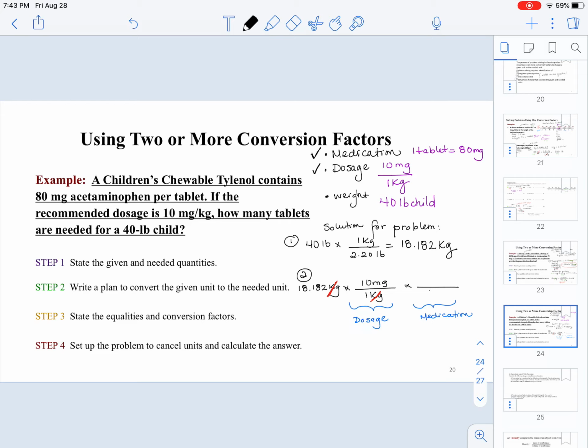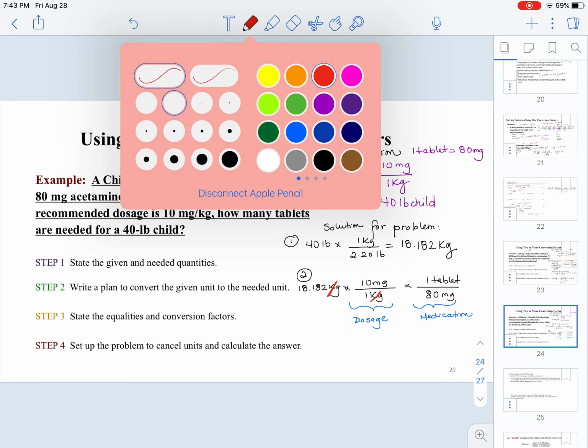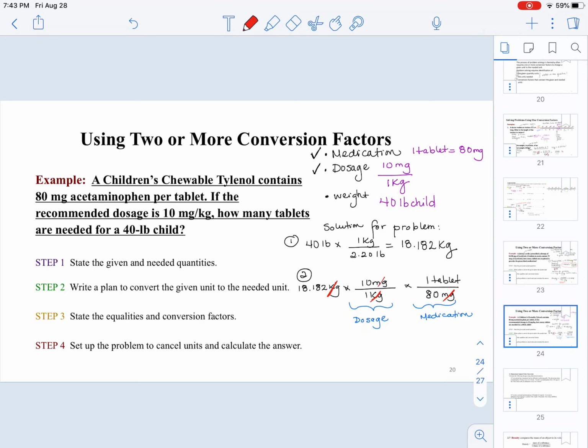So here I'm going to put 80 milligrams, and then 1 tablet on the top. The milligrams cancel each other, and my result is going to be in tablets, because that unit I'm not going to cancel.